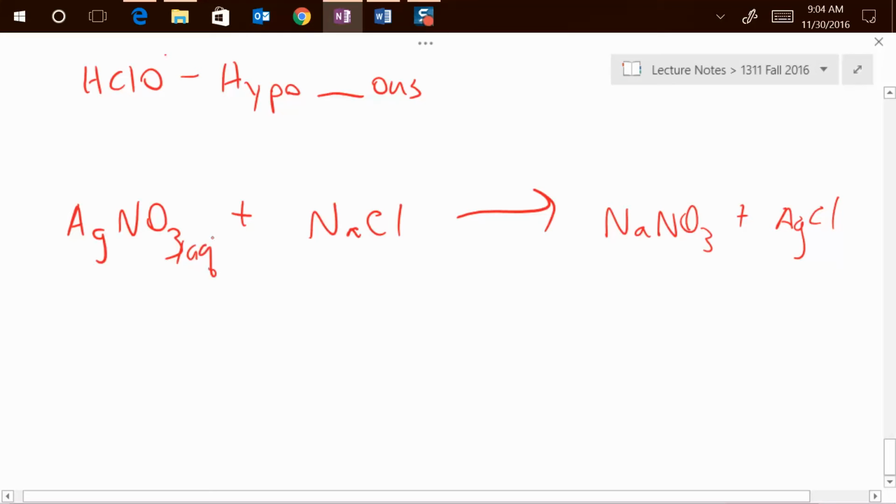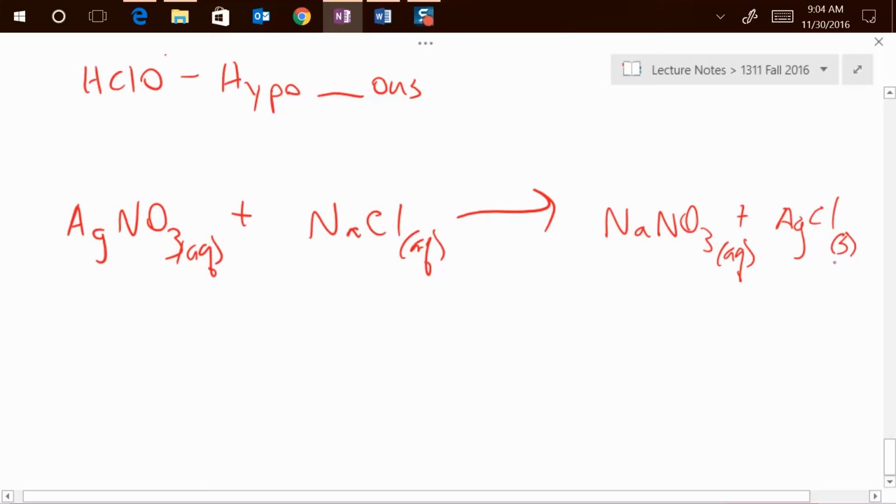These are aqueous. The question is, is silver chloride a precipitate or is it an aqueous compound? So you go to your chart. You'd be given the chart. The chart would say chlorides are insoluble, except when they're with mercury, silver, and lead. Okay? So this one is a solid precipitate.